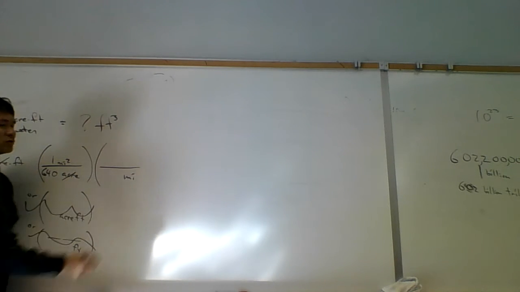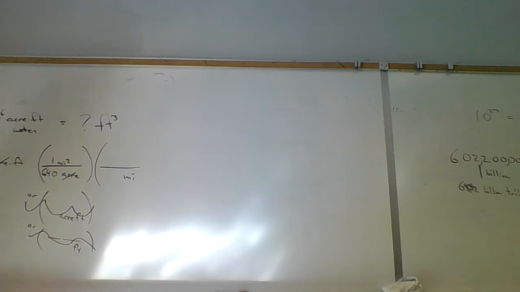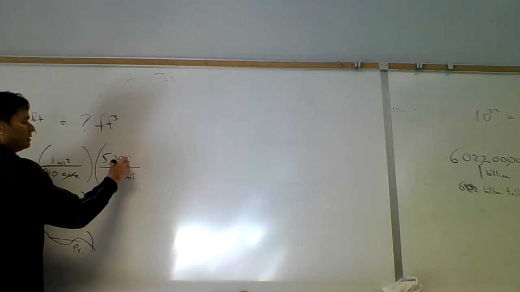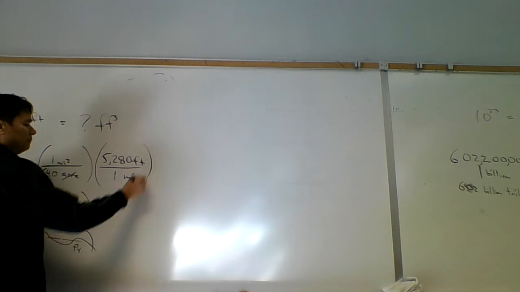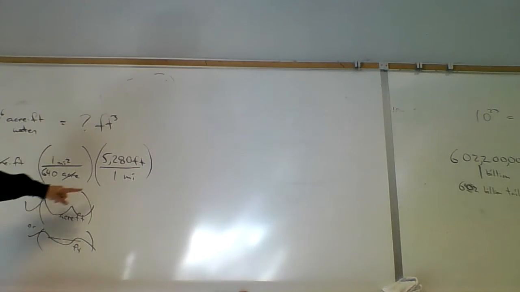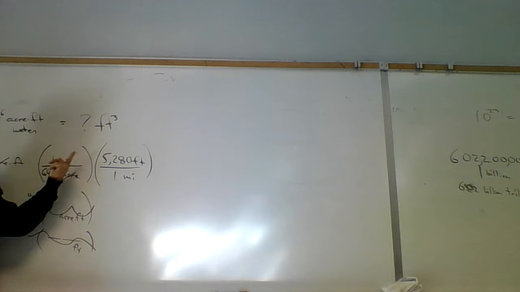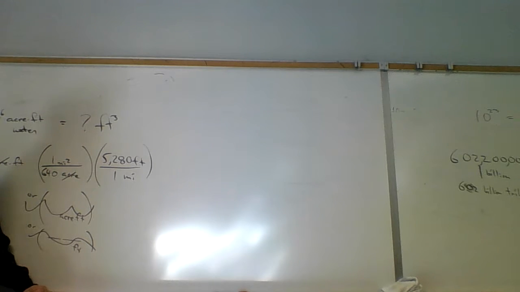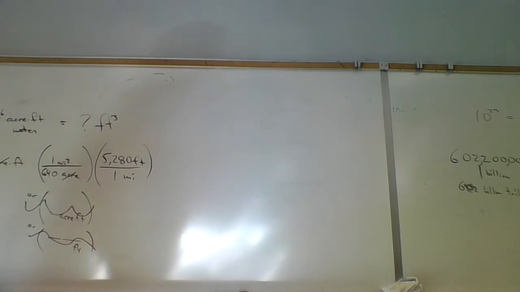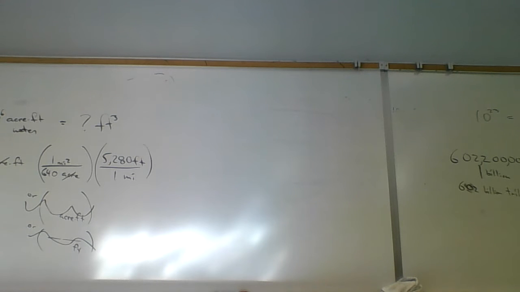Well, I know something that gets rid of miles. What is that? Yeah, there's 5,280 feet in 1 mile. But I have a problem. This is length, this is area. Do they cancel out? No. Length and area don't cancel out, but if I take length and square it, then that is area.